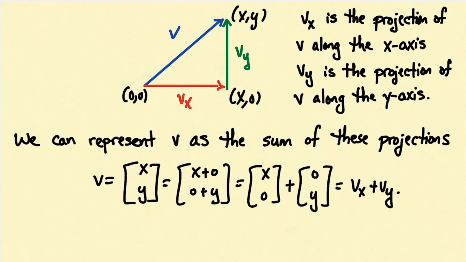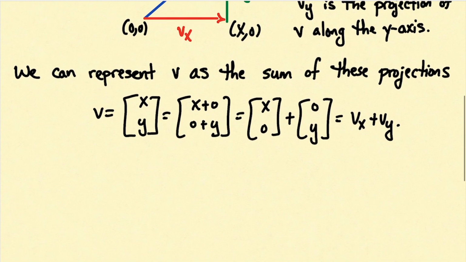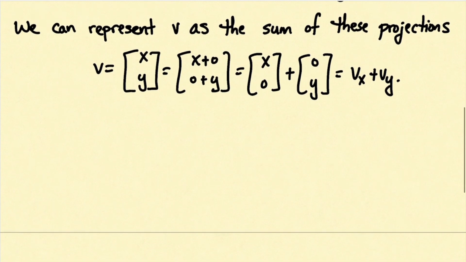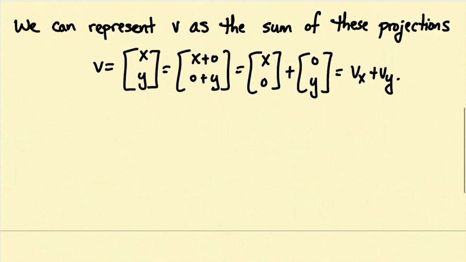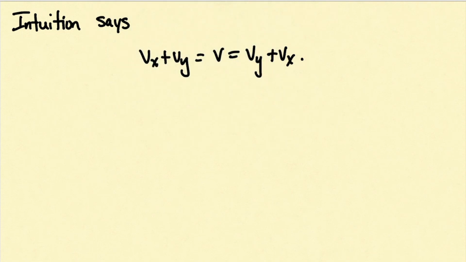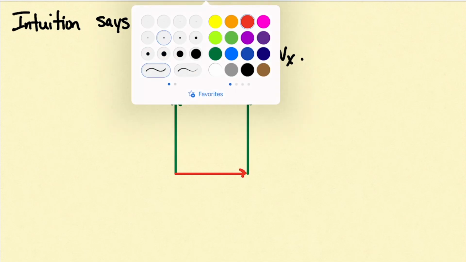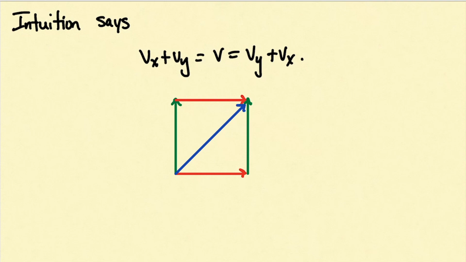Our familiarity with R2 tells us that just like addition of real numbers, this addition should in fact commute, which is to say the order in which we add Vx and Vy should not matter. Geometrically, our intuition tells us that if we were to follow these instructions in the opposite order, we should end up with a parallelogram leading to the same point in two equivalent ways.